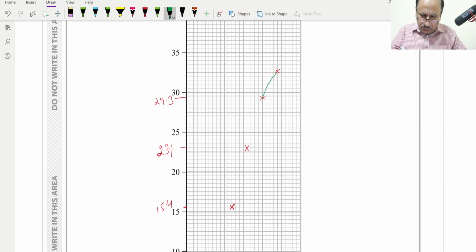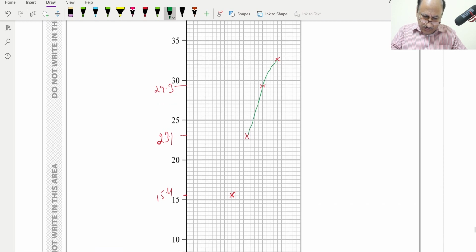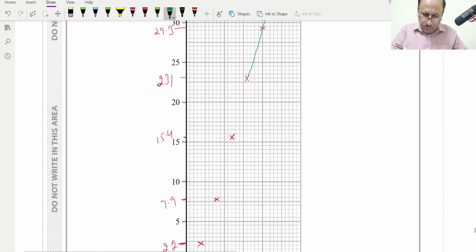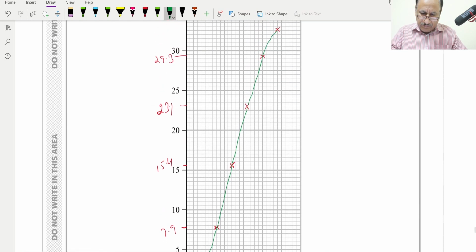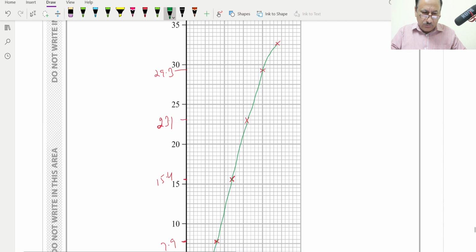So this will be like this one, and then we can draw from here, and we can plot like this one, and from here over here. So we are done with this. Now it is almost smoother.